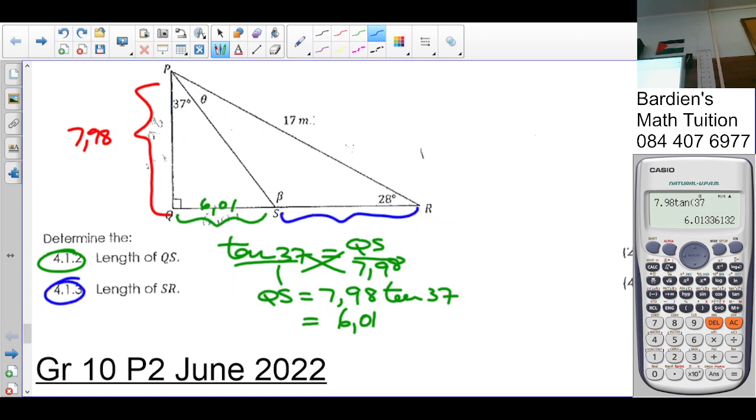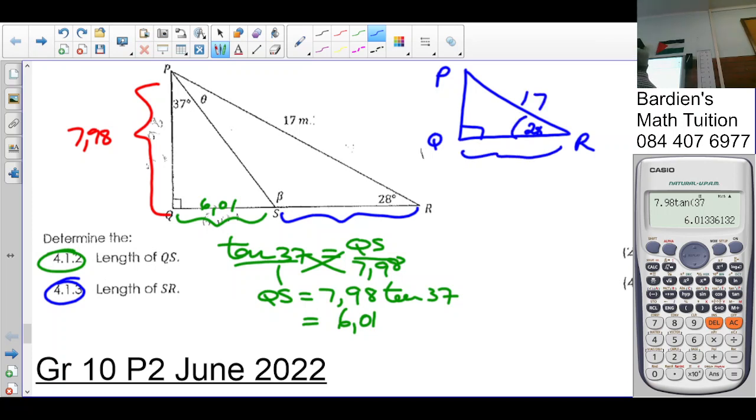We have a triangle looking like this. That is P, Q, R. We've got 28 degrees here and 90 degrees here and 17. So I'm going to work out QR. QR is what to the angle? Adjacent. This is your hypotenuse. Which trigonometric function uses adjacent and hypotenuse?